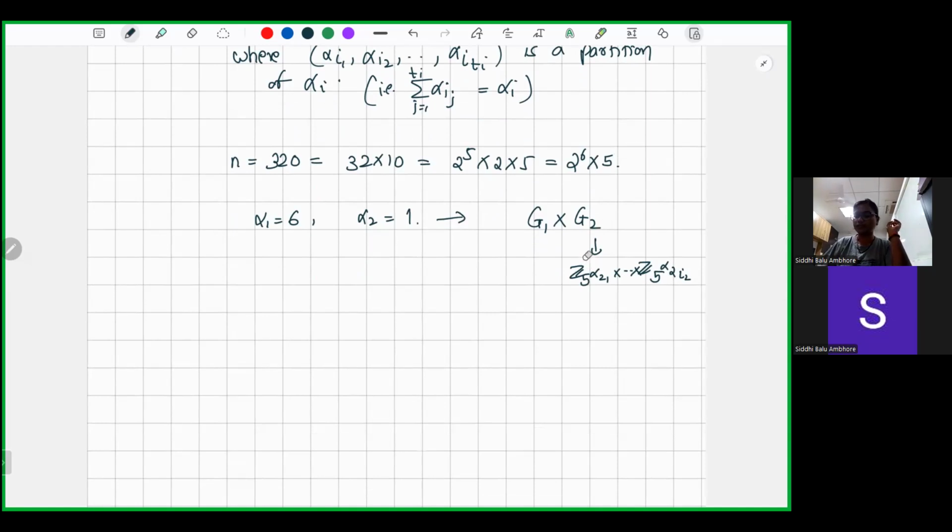So G2 will always be Z5. We don't have any other possibility for G2.